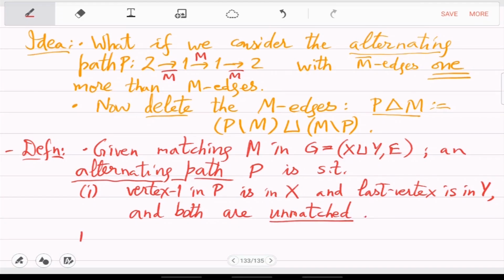So that's the first property: it originates in X and ends in Y, where both endpoints of the path should be unmatched. Unmatched means that there is no edge in M which is incident on the first or the last. Okay, so these are unmatched vertices.